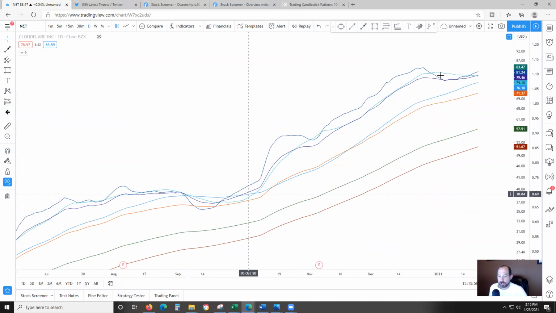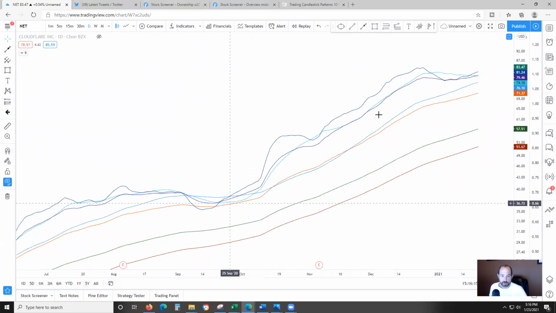And then I'll ask myself, what's the trend? So I can see here that there's some consolidation or something like that going on the short term, but longer term, the trend is nice and high. So this is nothing to be overly concerned about. This would be normal price action.